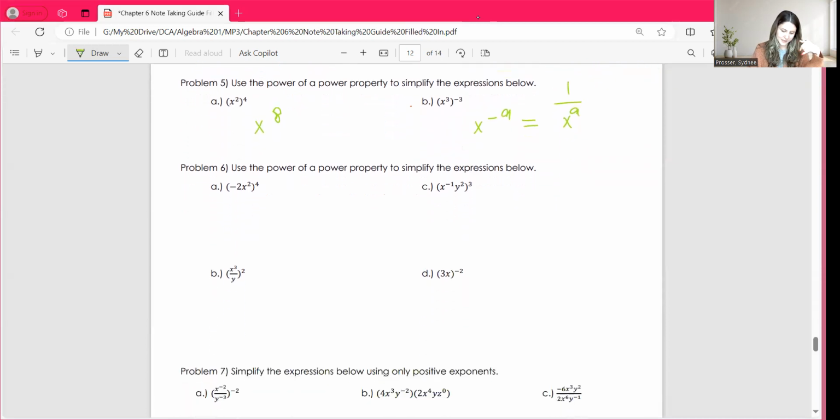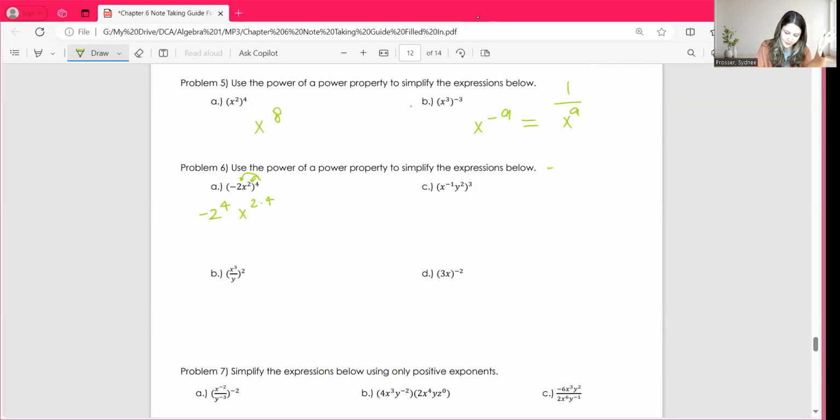Let's check out problem 6. Power of a power property. When we have a product going on, that means we distribute our exponent when we have a product inside parentheses. So I've got, notice that I've got -2 to the 4th times x squared times 4. Multiply our exponents because it's power of a power. -2 to the 4th, we can do that.